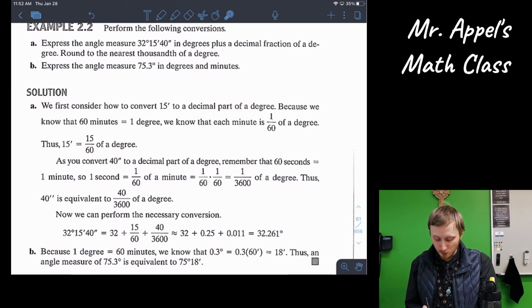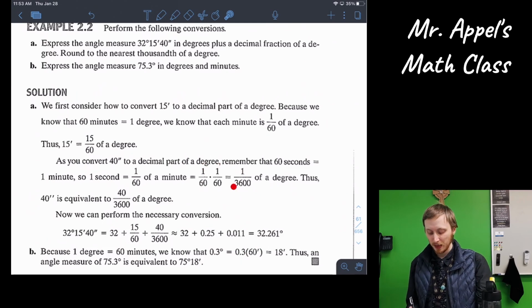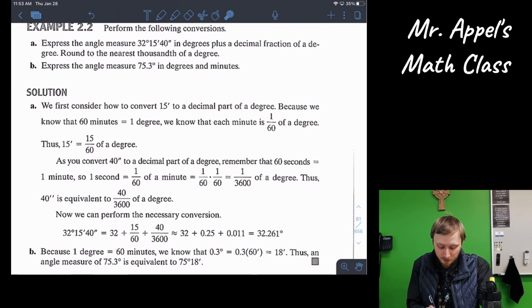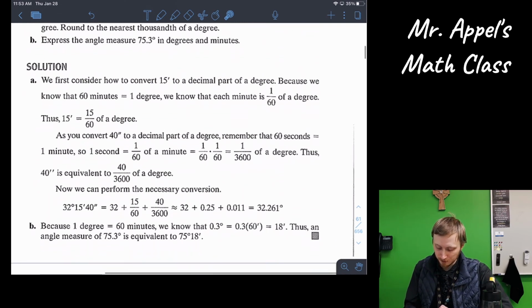As you convert 40 seconds to a decimal part of a degree, remember that 60 seconds equals 1 minute. So 1 second equals 1/60th of a minute, or 1/60th of a 60th, or 1/3600th of a degree. Thus, 40 seconds is equal to 40 over 3,600 of a degree.